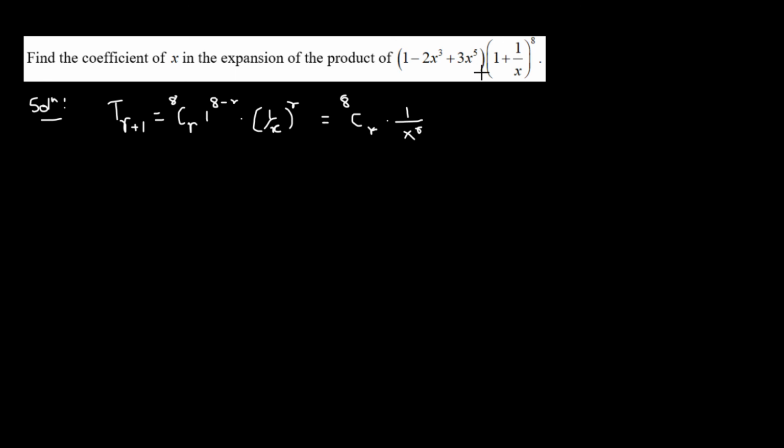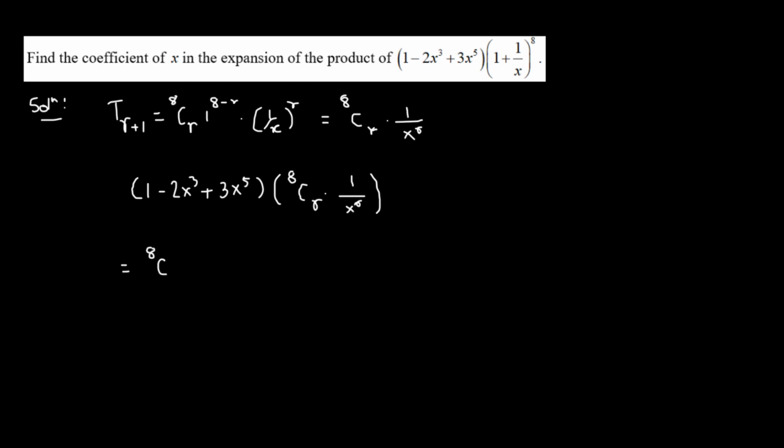Now what we do is we're going to replace 1 plus 1 over x to the power of 8 by the general term. So that should give us 1 minus 2x cubed plus 3x raised to the power of 5 times 8Cr times 1 over x raised to the power r. Now we're going to take the product.